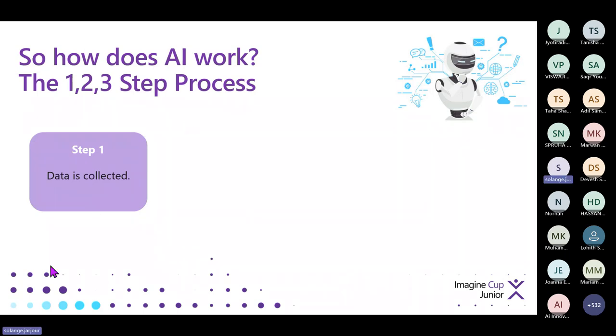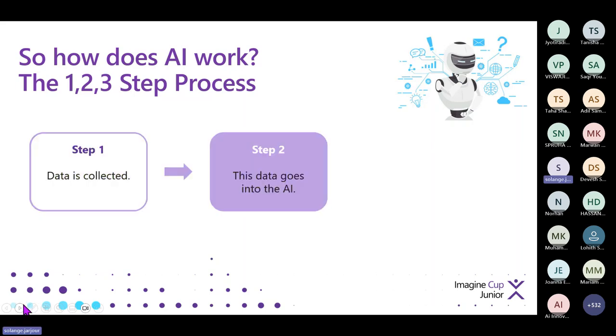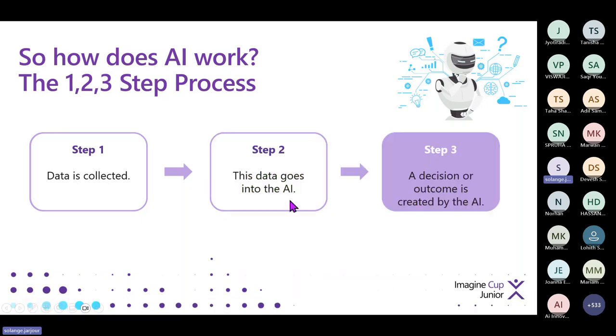The second step is to save this data in a container. So I need to specify this container. Step number 3 is to take a decision or to have an outcome that is created by AI. So these 3 steps you have to follow when you are creating your project.